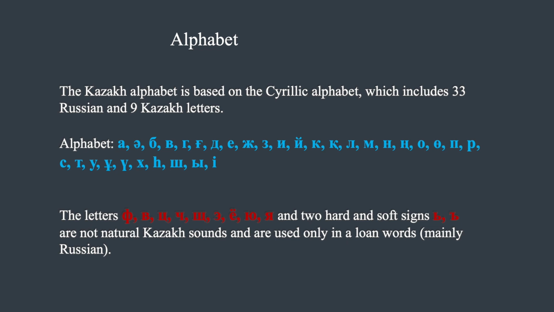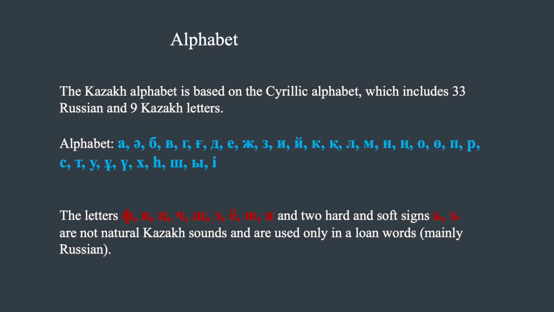There are 42 letters in the Kazakh Cyrillic alphabet such as A, B, V, G, G, D, E, J, Z, I, K, L, M, N, O, Ö, P, R, S, T, U, Ü, H, Ş, and E. The letters F, V, T, Ç, Ş, Ye, Yo, Yu, Ya, and two other signs are not natural Kazakh sounds, so they are only used in Russian loanwords.